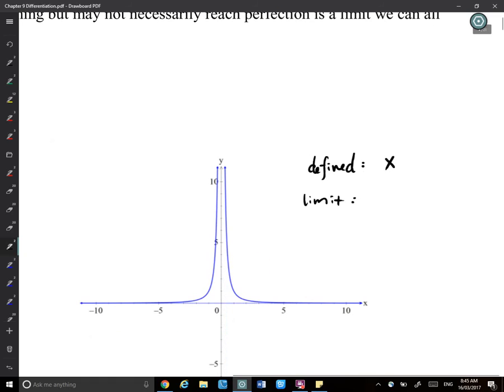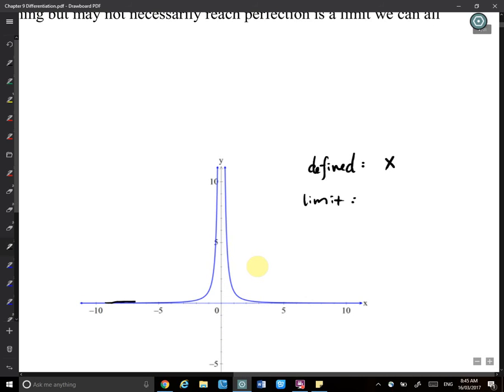But think about you have a moving point moving along this curve and all the way towards 0. But what you get is infinity. So the limit as x approaches 0 from the left-hand side of f(x) just gives you something approaching infinity.